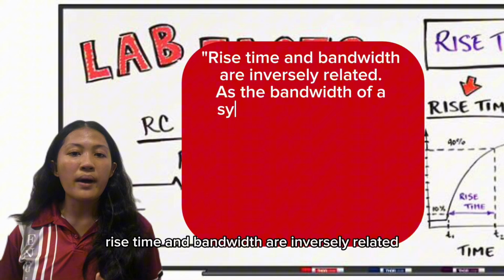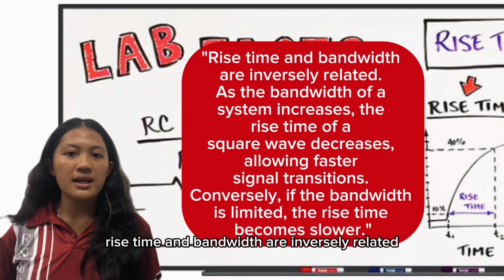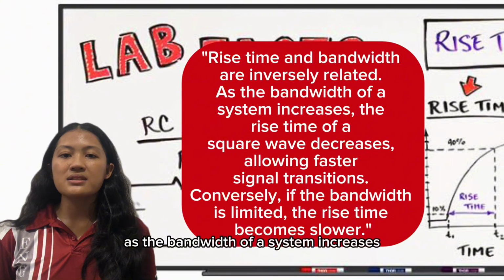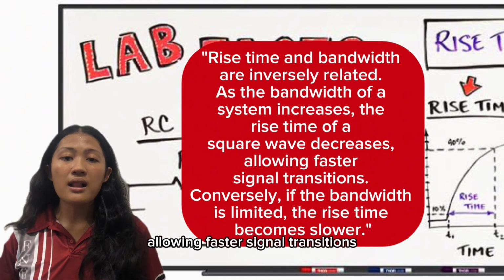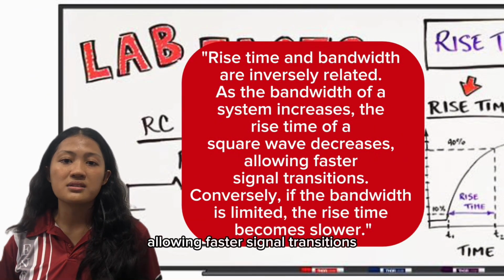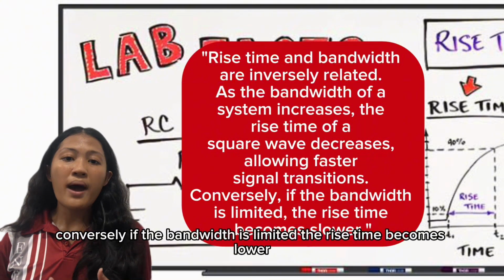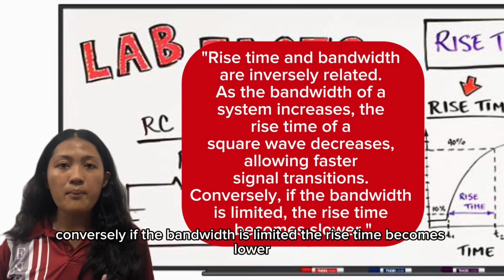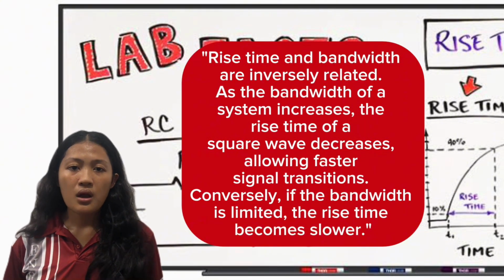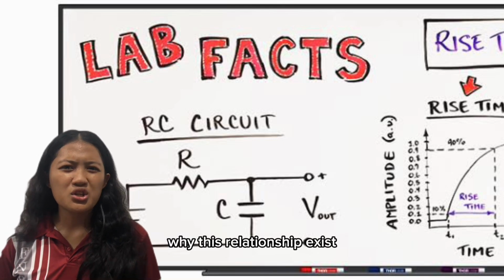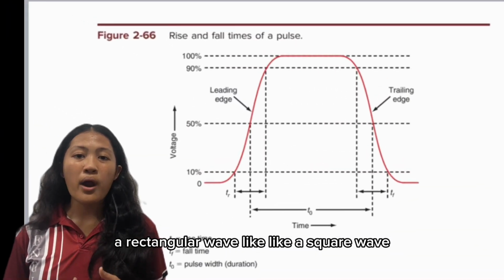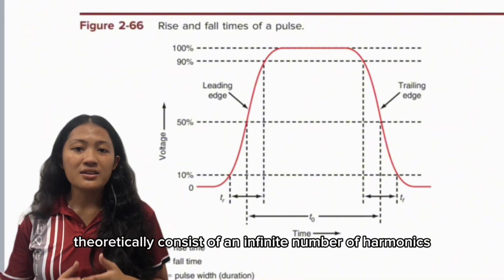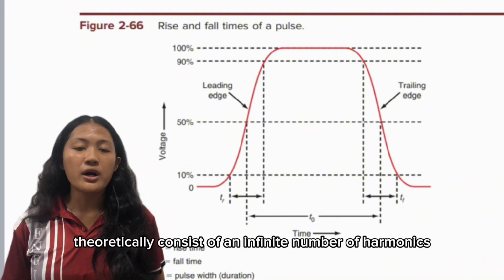Rise time and bandwidth are inversely related. As the bandwidth of a system increases, the rise time of a square wave decreases, allowing faster signal transitions. Conversely, if the bandwidth is limited, the rise time becomes slower. Why does this relationship exist? A rectangular wave, like a square wave, theoretically consists of an infinite number of harmonics.